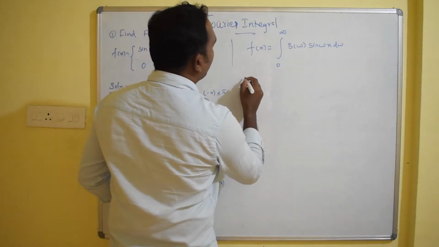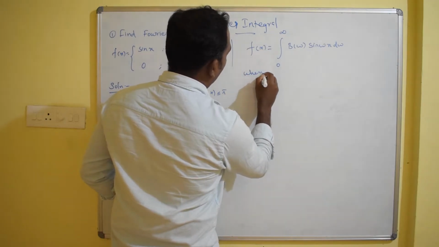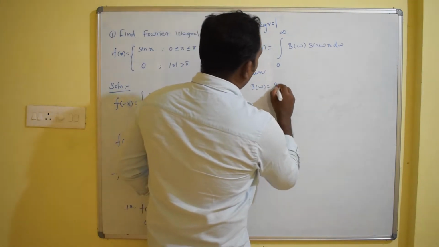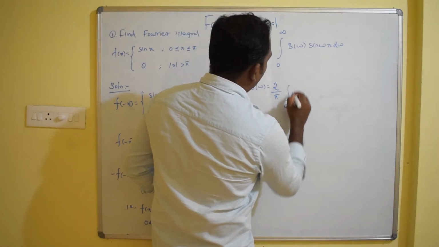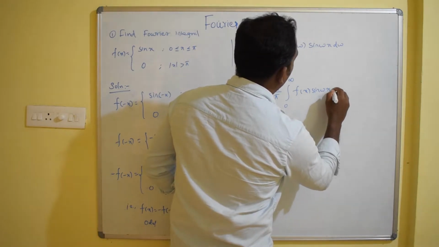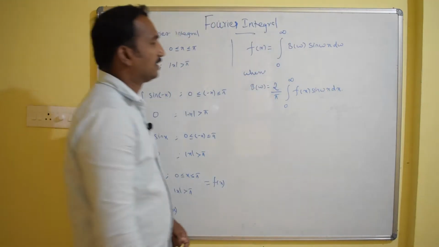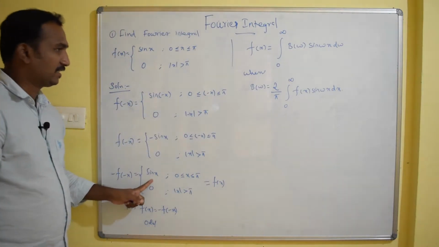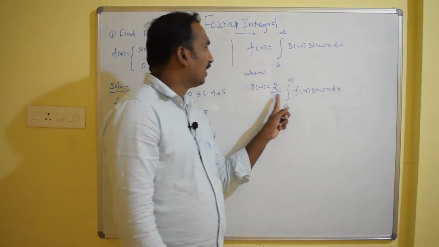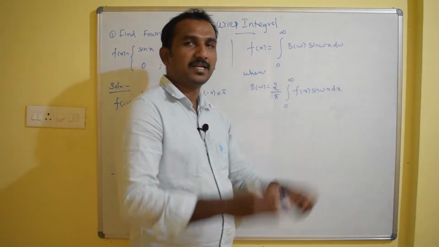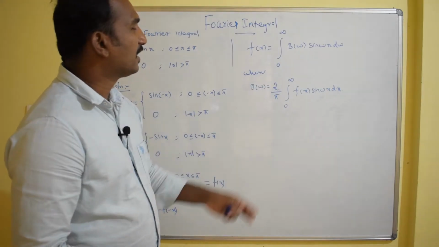And what is b of omega here? Where b of omega is equal to 2 by pi integral 0 to infinity f of x sine omega x dx. And now we know f of x is sine x, substitute here, and this will become sine x into sine omega x, or we can write sine omega x into sine x.